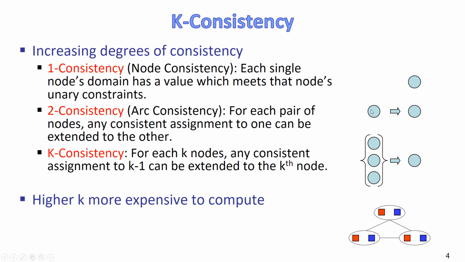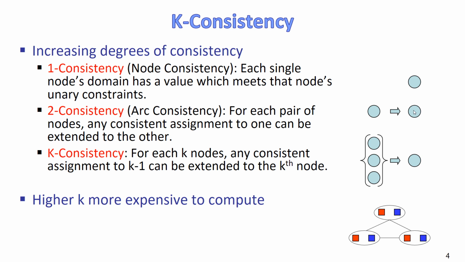What does that mean? That means that if I have a consistent value here, I will find a value here that will be consistent with it. So that's exactly our arc consistency, and this is called two consistency.